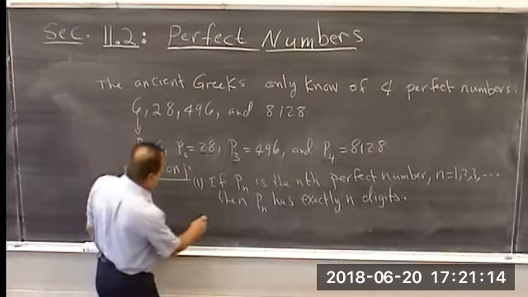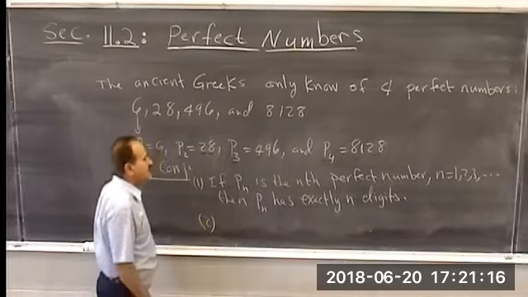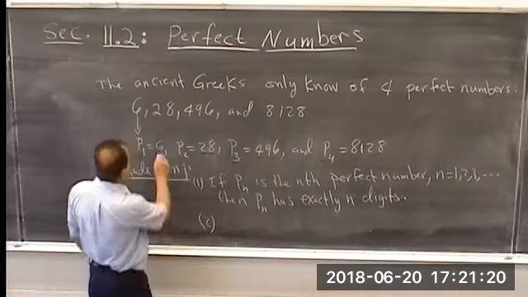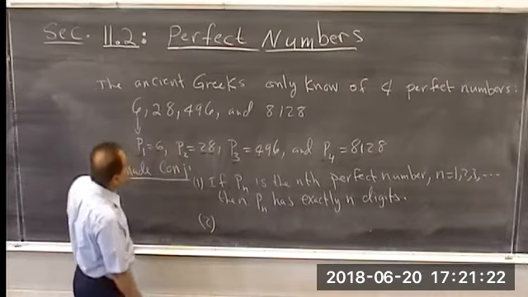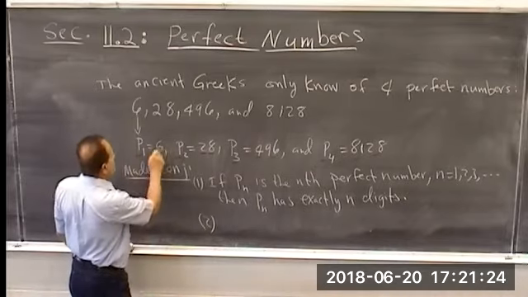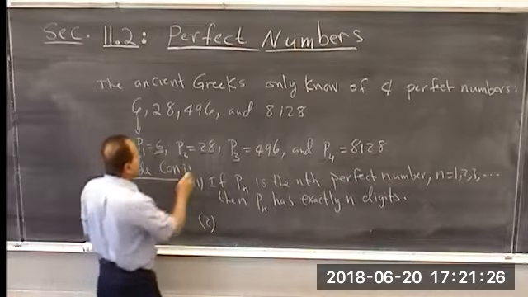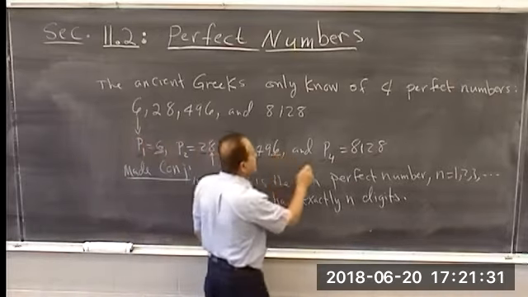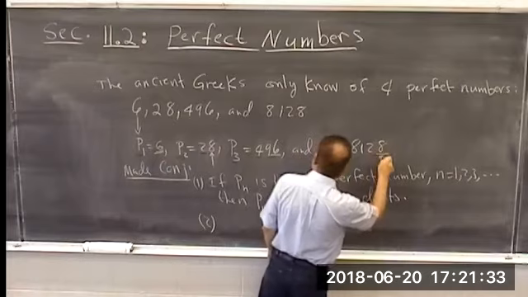The second conjecture they made is about the units digit of those perfect numbers. Here is 6, then we have 8, then 6, then 8.